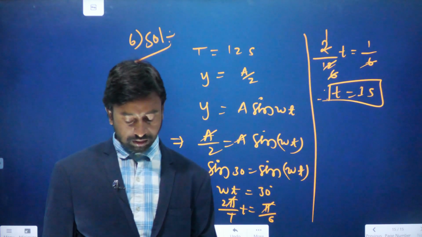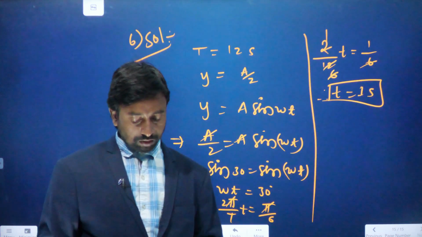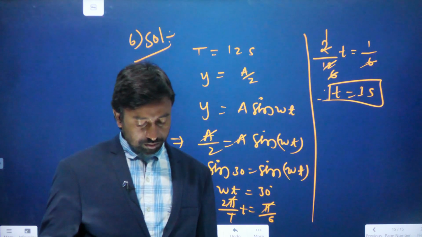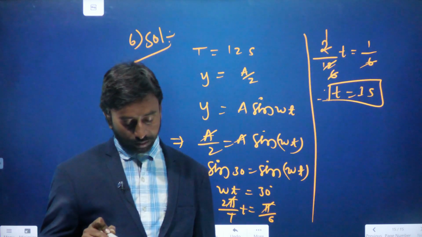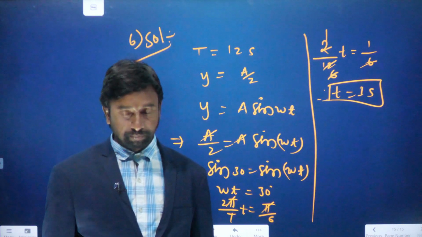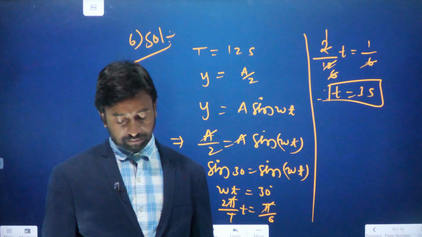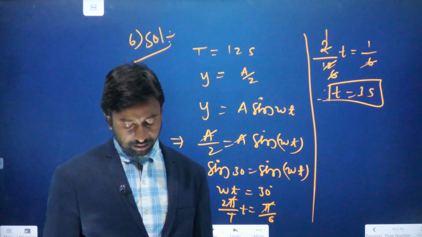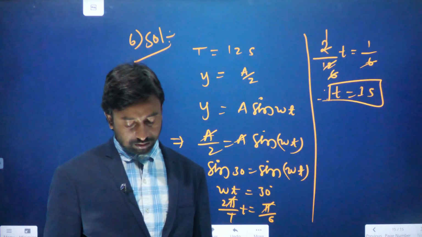So sin 2 theta is nothing but, we can write, y is equal to 0.1 sin of (20 pi t plus 3 pi). That is the equation there. Then it is a simple harmonic motion. The time period we can write as 2 pi by omega.